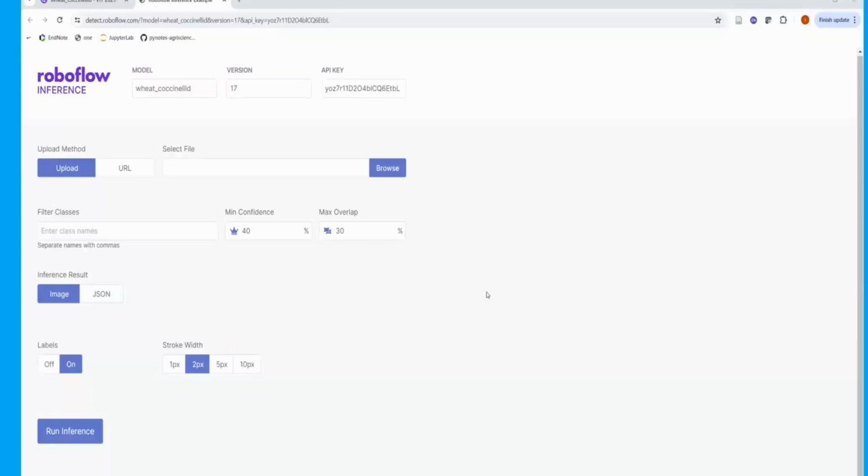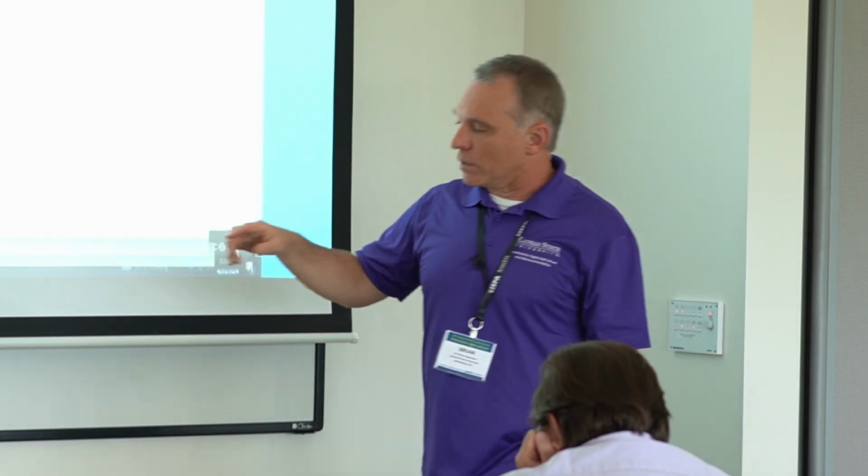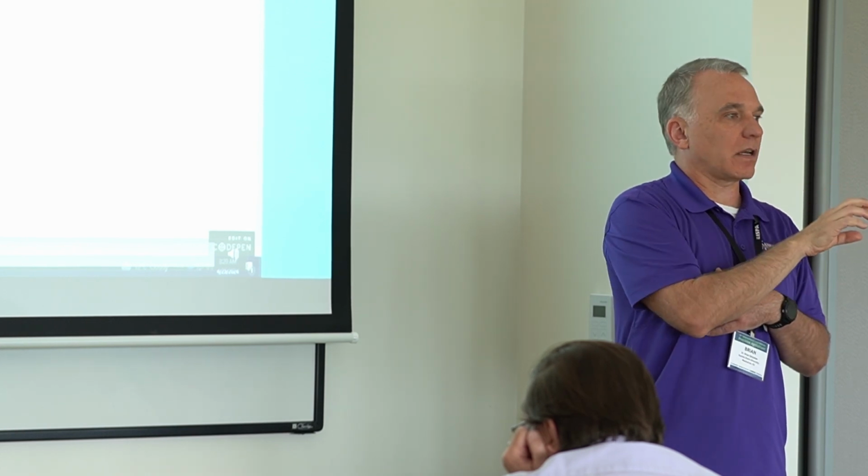So you could tell your model, okay, only show me the predictions where the confidence was 40% or greater. This is one of these things that when you actually apply your models, you really want to think about in the end. For the end user, if you increase your minimum confidence, you're going to only detect the things that you're looking for, but you run the risk of missing some detections.